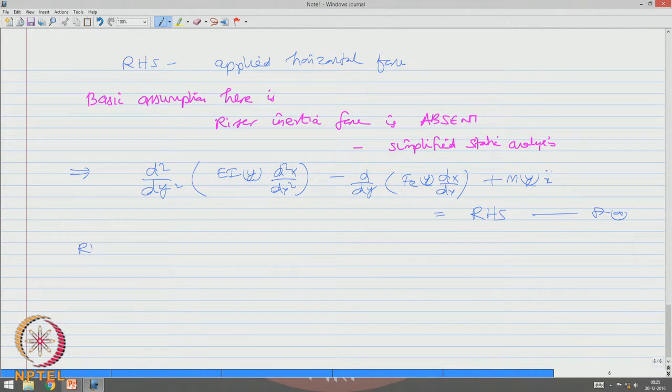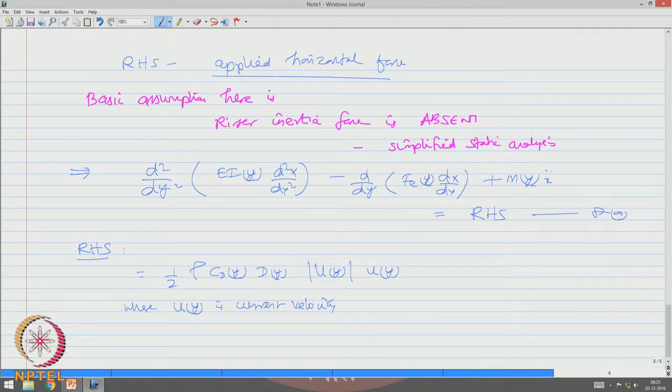Now, the right hand side of this equation of motion is given by half rho, which is the applied horizontal force, C D, which is again a function of y, diameter again a function of y, u y and u y, where u y is the current velocity which is a function of the vertical coordinate y.